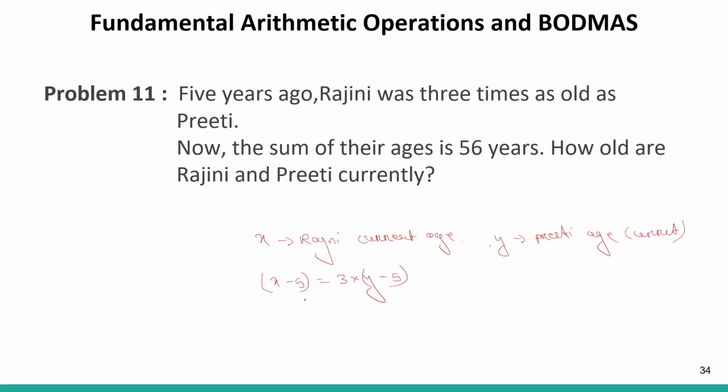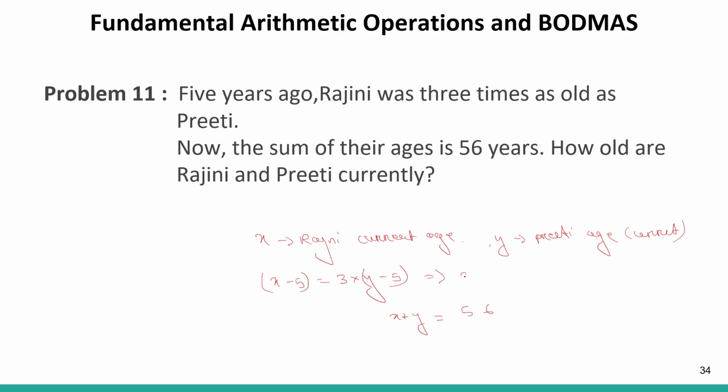Before 5 years, Rajani's age was 3 times the age of Preeti. Now the sum of their ages is 56 years. Right now their sum is, sorry, X plus Y is equal to 56.